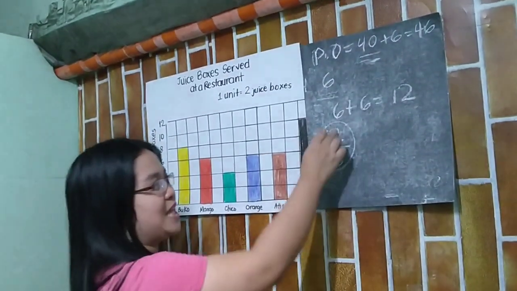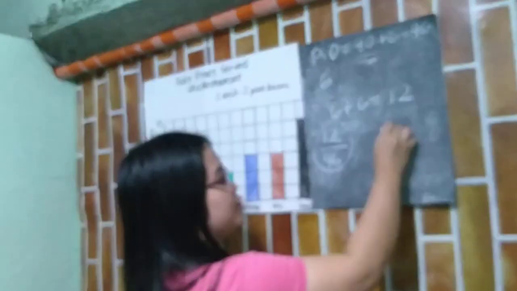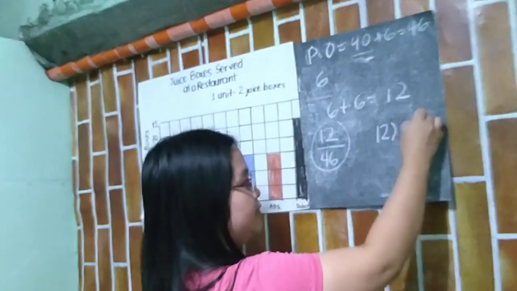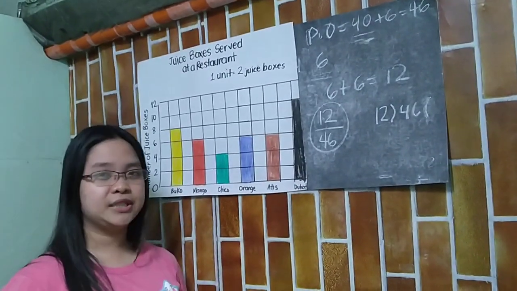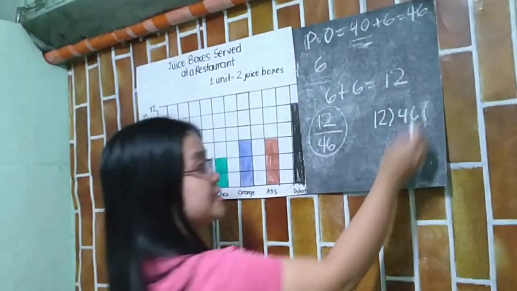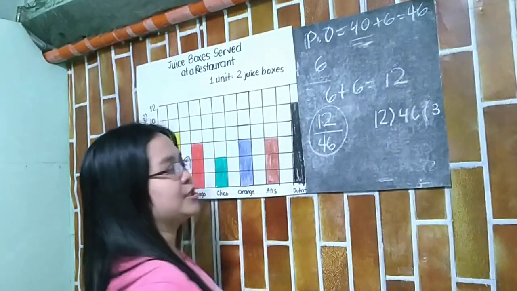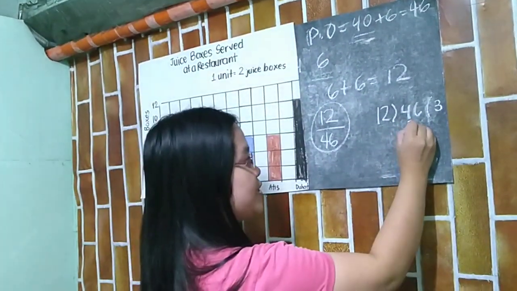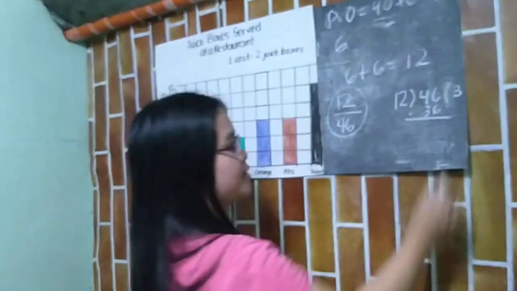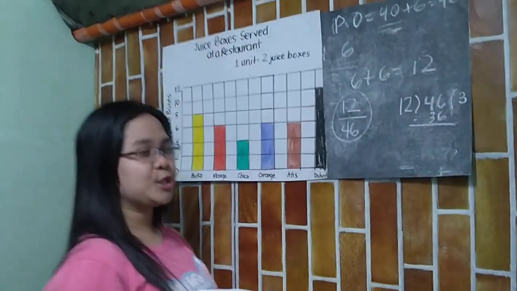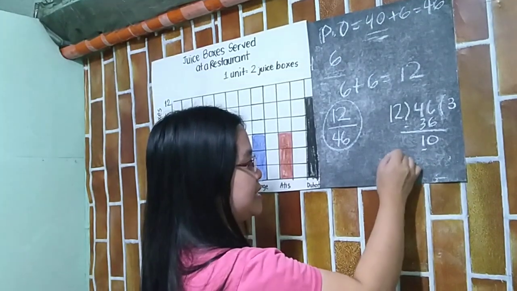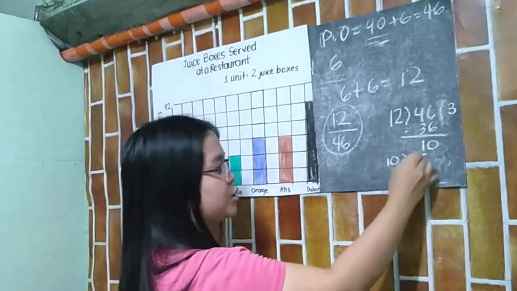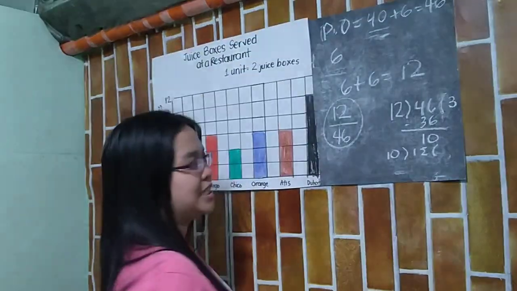How? We just simply get its GCF. So 12 and 46. How many 12s are there in 46? There are just 3. So 3 times 12 is 36. So 46 minus 36, that is 10. So let's use this 10 as our new divisor and 12 as our new dividend.